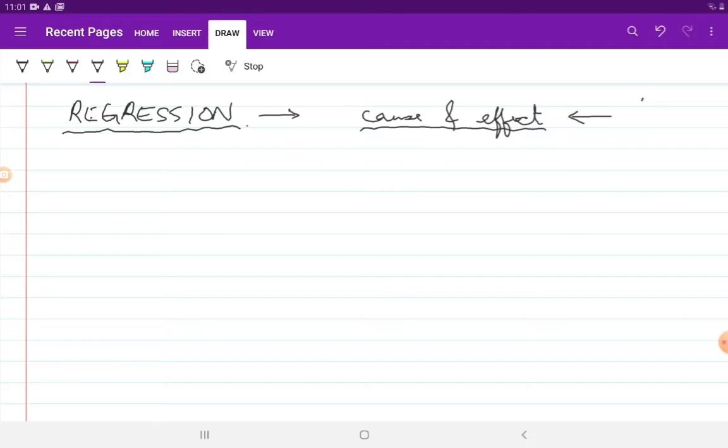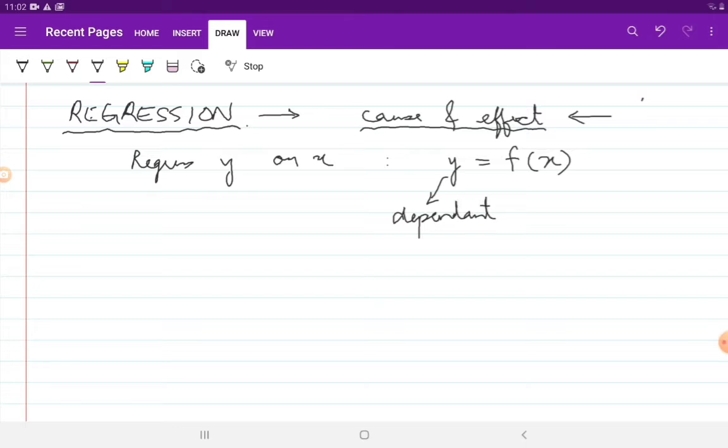Now, when you talk about regression analysis, you're explicitly dealing with and studying cause and effect relationships between x and y. So, if you're regressing the variable y on x, you mean to say that you suspect that there is a function of this sort where y is your dependent variable, variations in which are being determined by variations in the x variable.